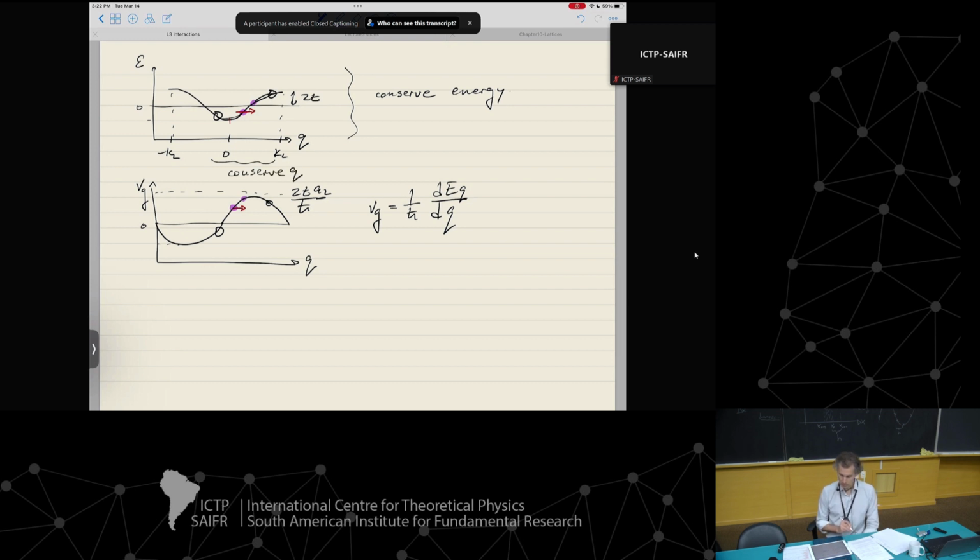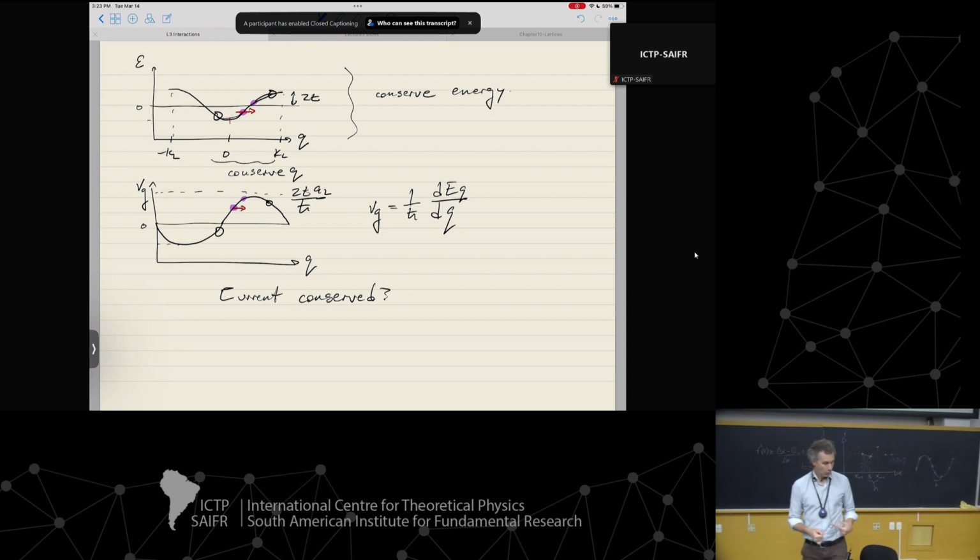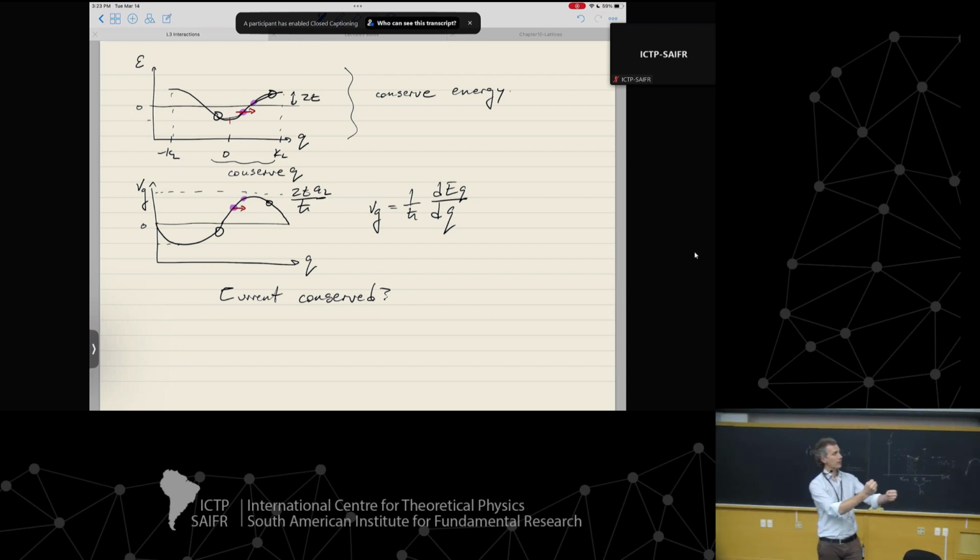In a collision, did we conserve current? Well, what I mean is these two particles, they both have a velocity, and so together they have a mass current. They're moving, they're transporting mass. And then they collide.